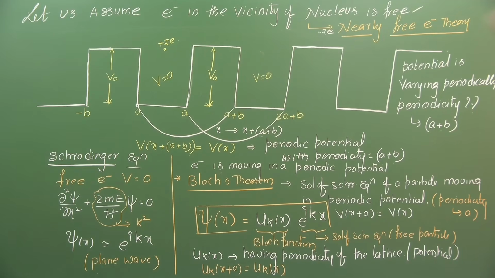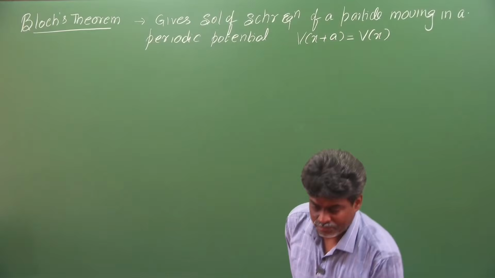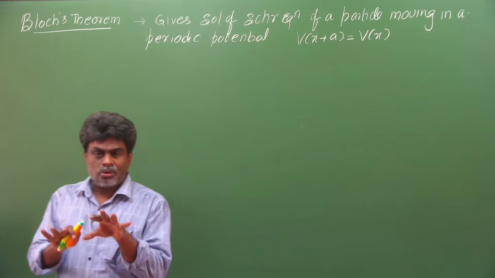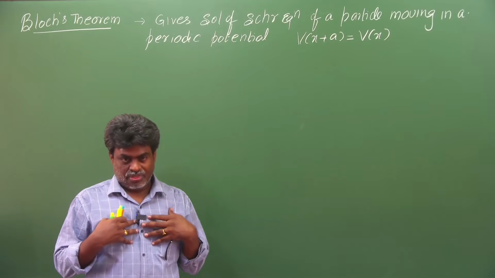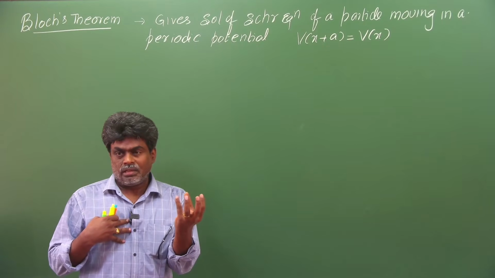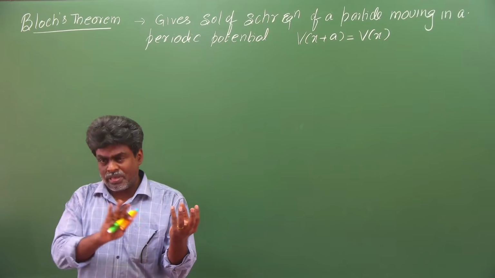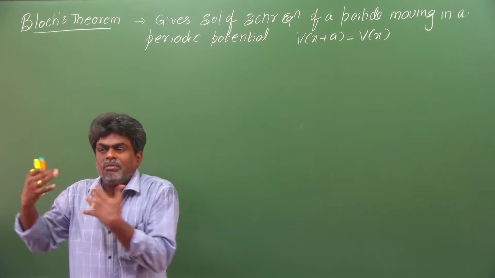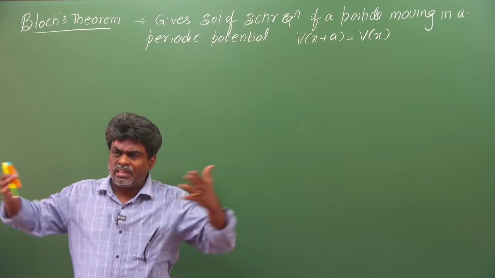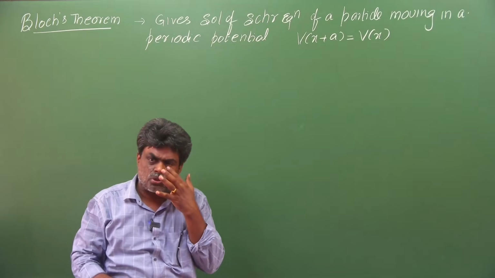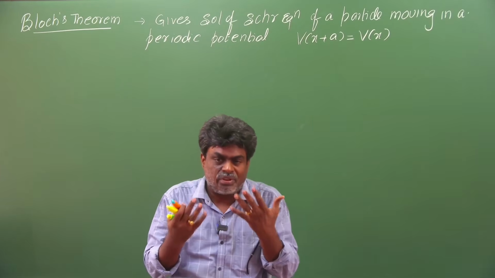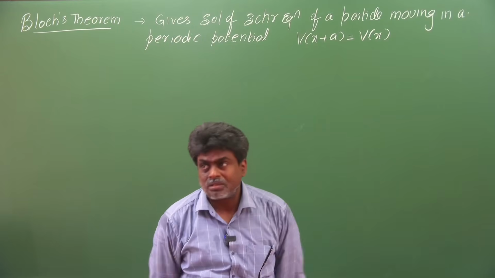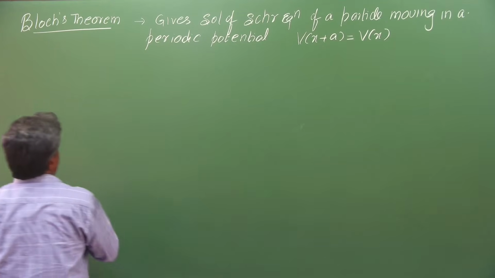Right. Once again, listen. We don't have any Schrodinger equation solution readily with us. If you know the solution here, after repetition of space and periodicity, again we can't solve the Schrodinger equation. Like that, if you want to, you have to solve infinite Schrodinger equations. That's why we are searching for something else. We go to Bloch's theorem. So what is Bloch's theorem saying, listen.